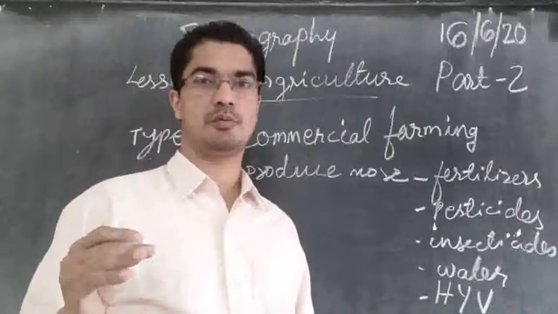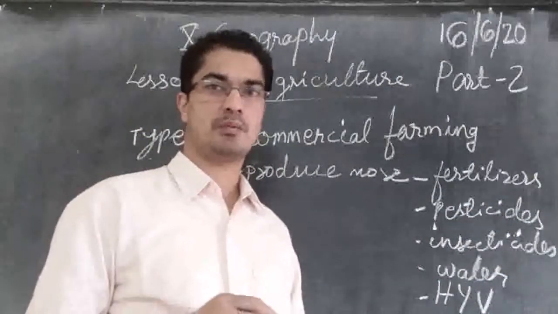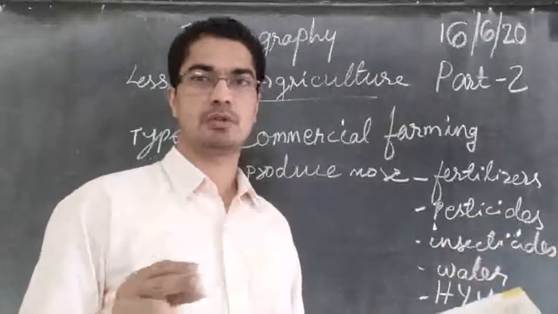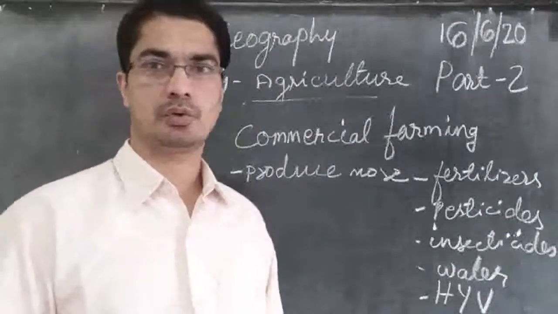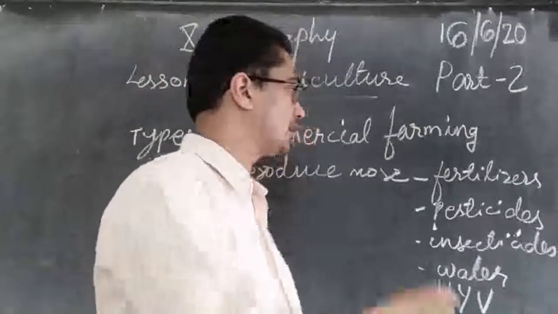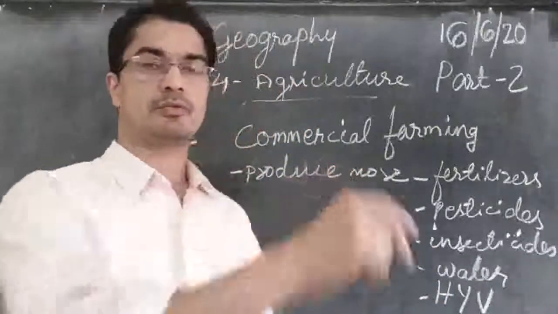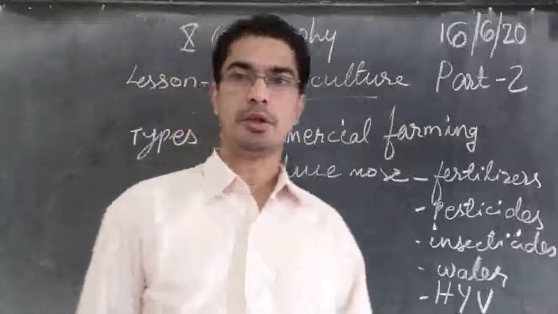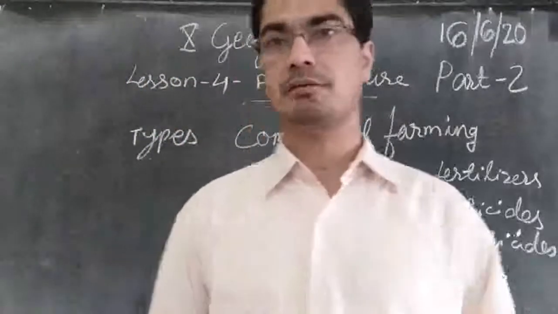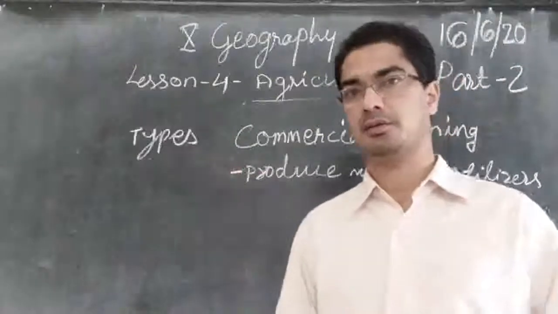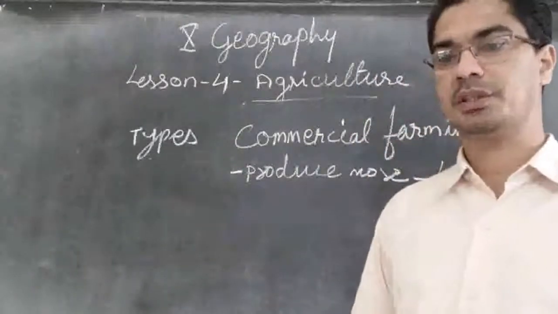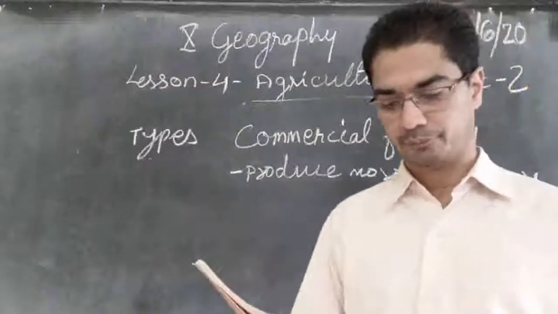But in subsistence farming, we know the land is a very small plot, and we go on cultivating it there 2 times, 3 times in a year. And commercial farming also produces 2 times or 3 times in a year, and they plant it normally in a big field, so that all this modern technology can be made use of there.